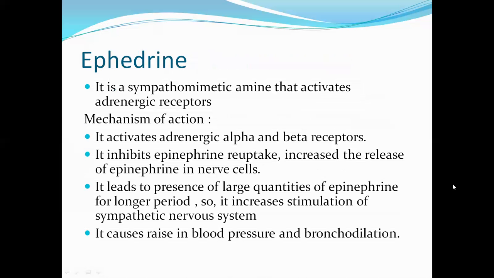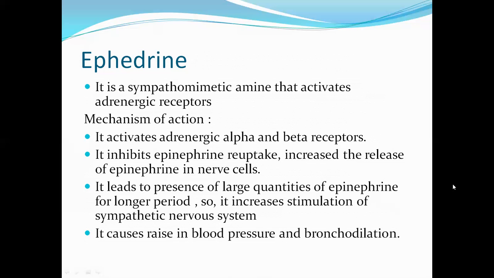Next one is ephedrine. Ephedrine is also a sympathomimetic amine, and it also activates adrenergic receptors. The mechanism of action of ephedrine is that it activates adrenergic alpha and beta receptors. When these receptors are activated, it inhibits the reuptake and increases the release of epinephrine in nerve cells.